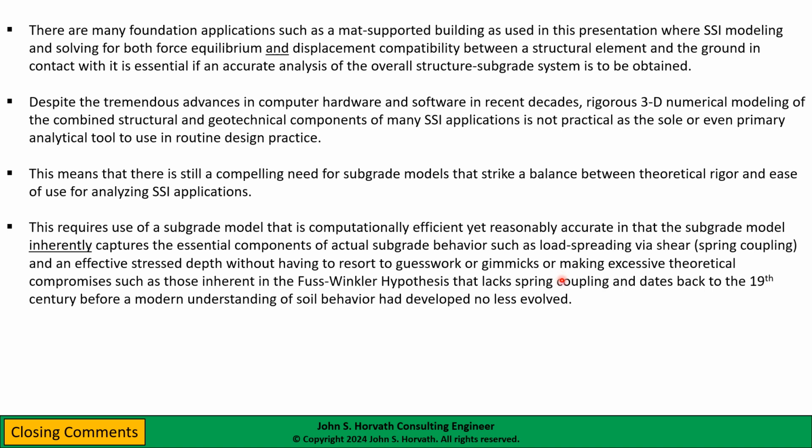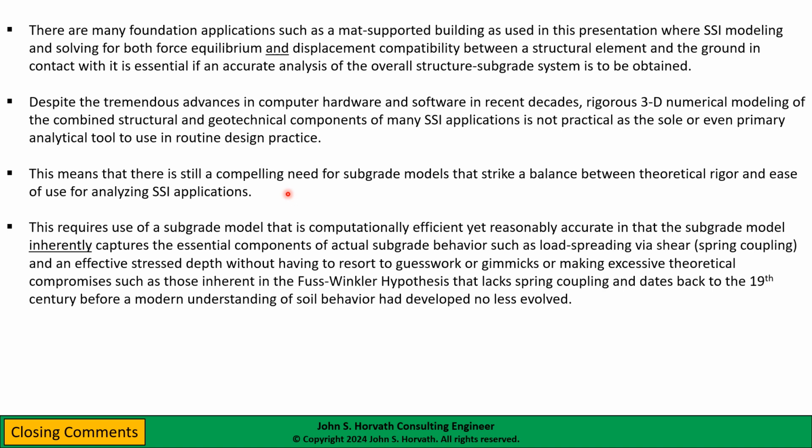All right? There's no reason in this day and age you should have to guess at the final answer so you can come up with a K value to calculate the final answer. By using this hybrid subgrade modeling approach I mentioned previously, there's no guesswork involved. You go through a conventional site characterization process.